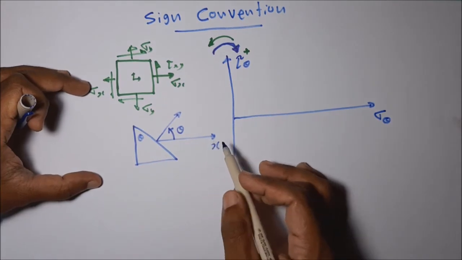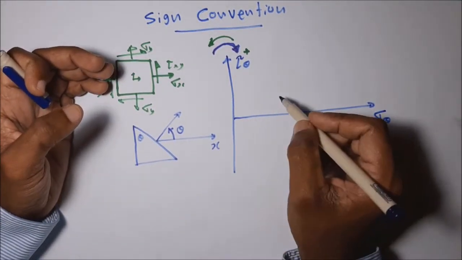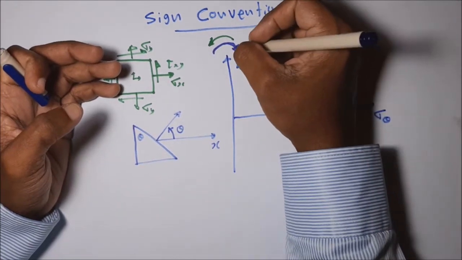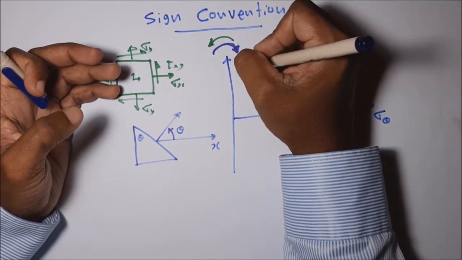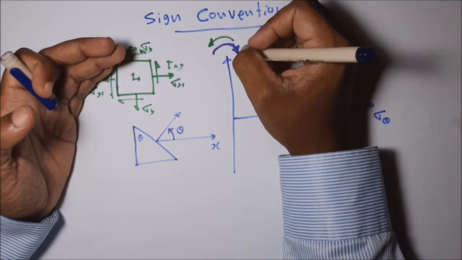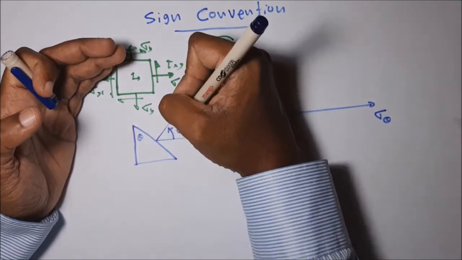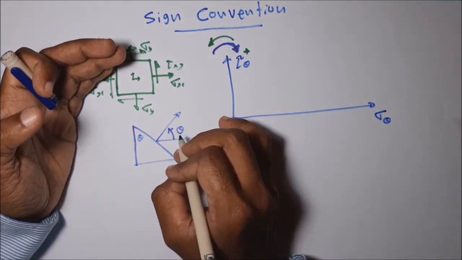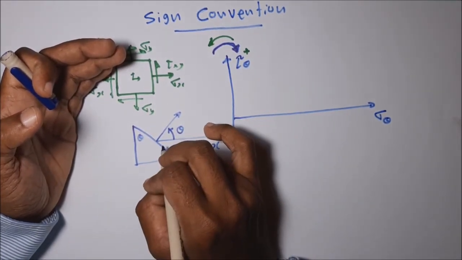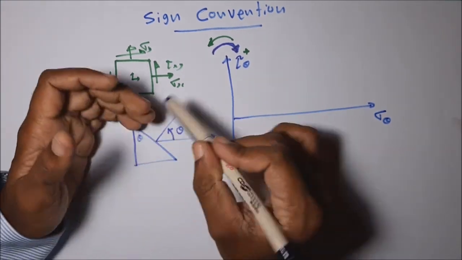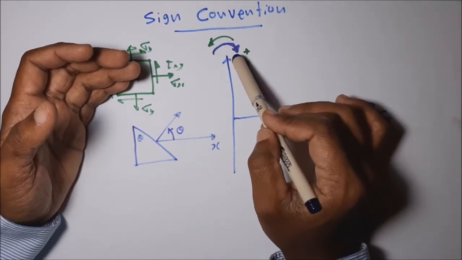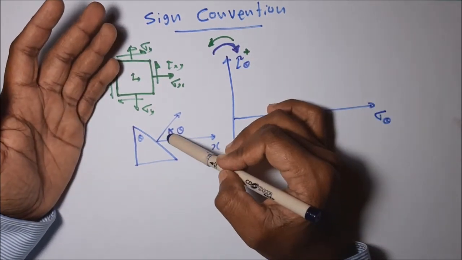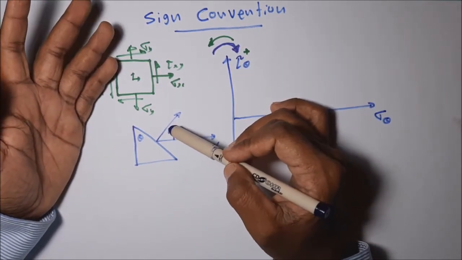But when going to the Mohr circle diagram, remember this: if we take clockwise shearing stress as positive, we can measure the angle in the same direction.